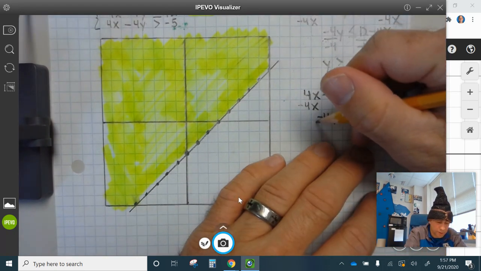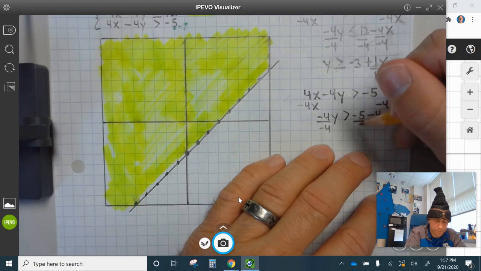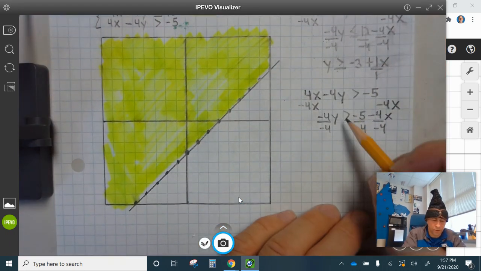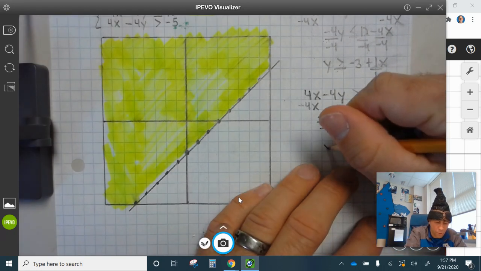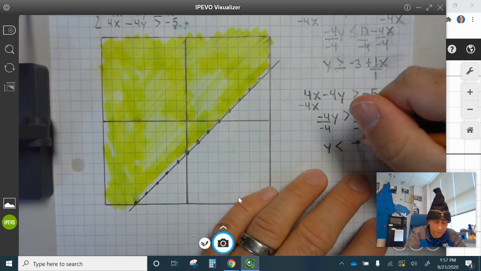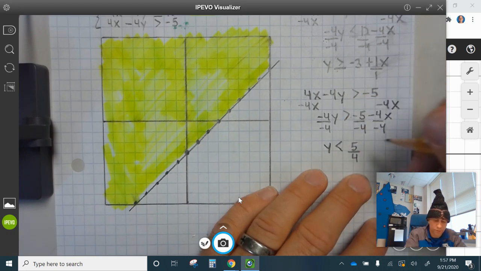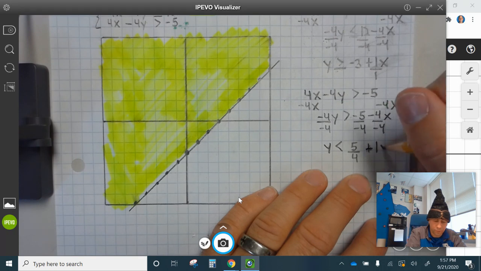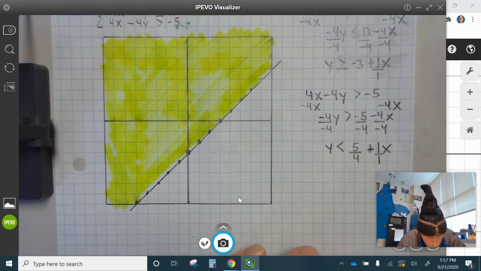We're going to divide both sides by -4. When you divide by a negative, the inequality flips. You get y less than, a negative divided by negative is positive, so 5/4, plus 1x. And we're going to immediately divide that by 1.